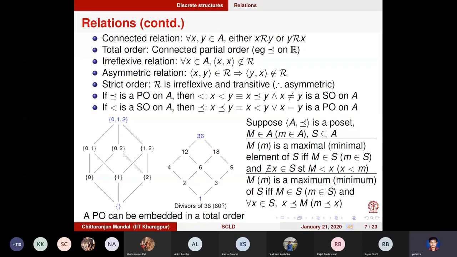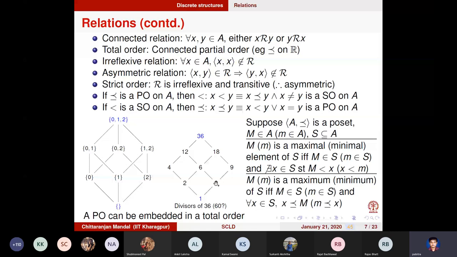Now, let us change the definition a little bit. Instead of saying that there is no other element in S which is greater than this, let us say that all other elements of S are less than or equal to this.